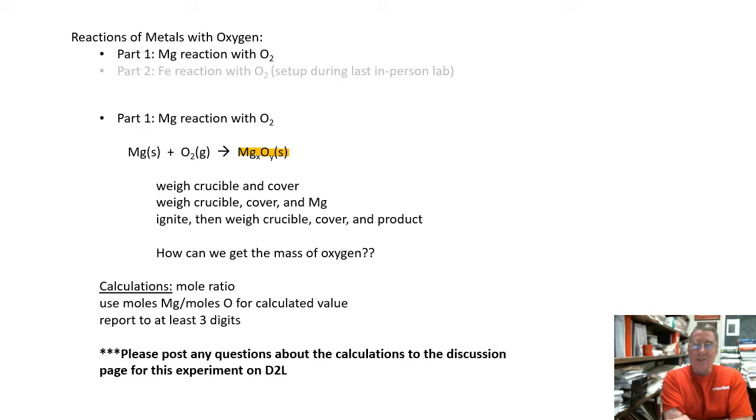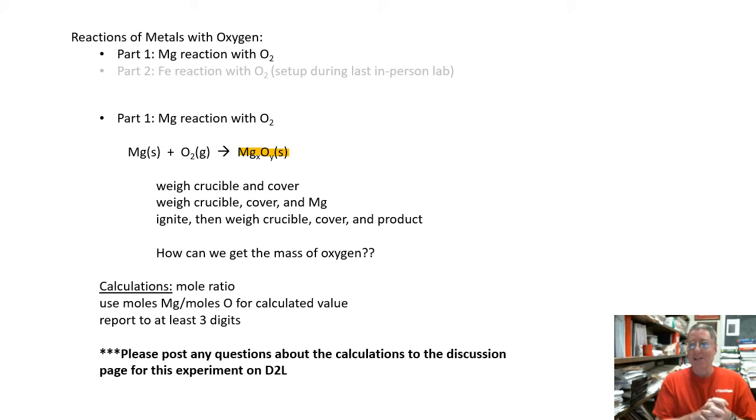But the basic idea here on the slide is the outline of what you're doing: you weigh a crucible and cover, then you weigh it with the magnesium in it, so you know the mass of the magnesium, right? And then you ignite it and react it. And then sometimes we're surprised by what happens because of the way we tend to think about things burning.